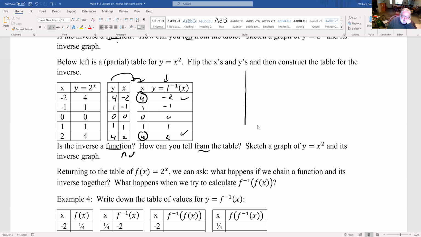So if we try to graph this inverse function, we'd start with x equals 0 and you get 0, but then at x equals 1, you've got a minus 1 for y and a 1 for y. And so that's not going to pass a vertical line test. And if we have x equals 4, we have a minus 2 and a 2 for y.